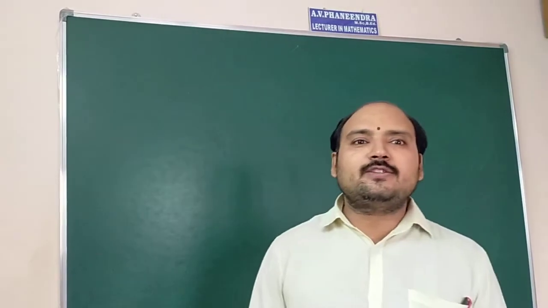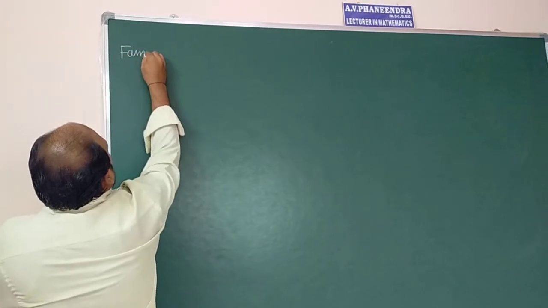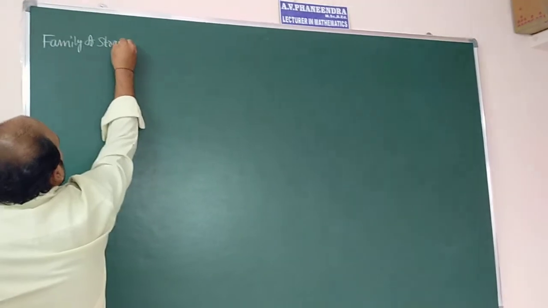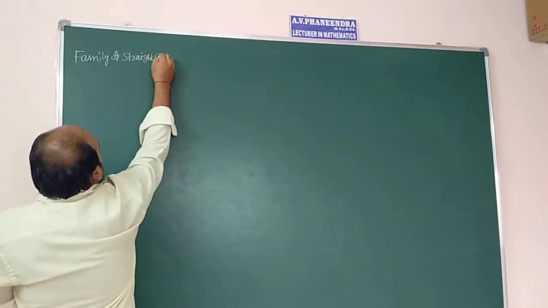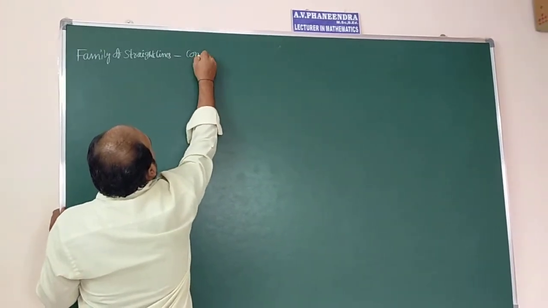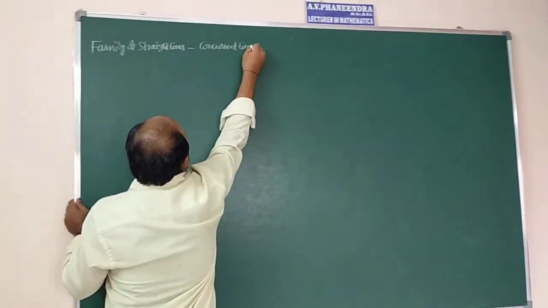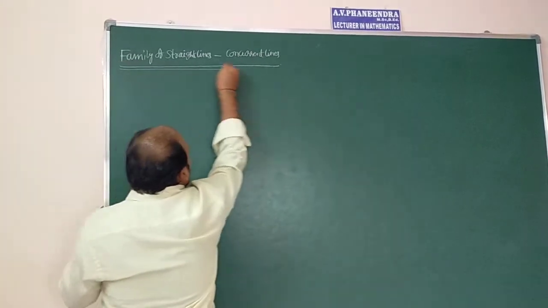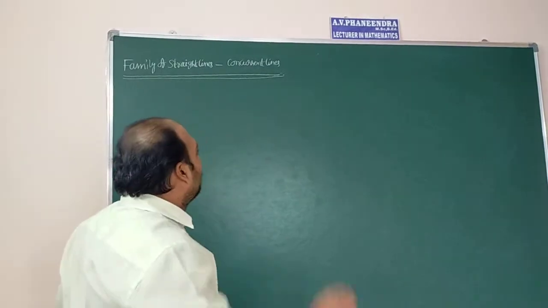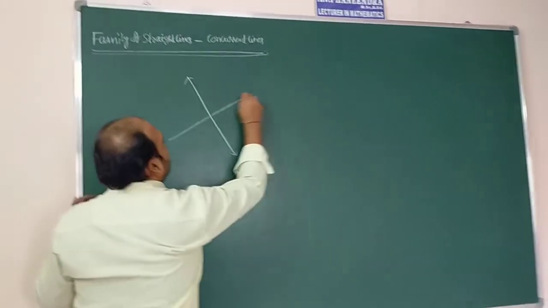Next, family of straight lines and concurrent lines. What is concurrent lines or family of straight lines? Two or more lines which are passing through the same point.